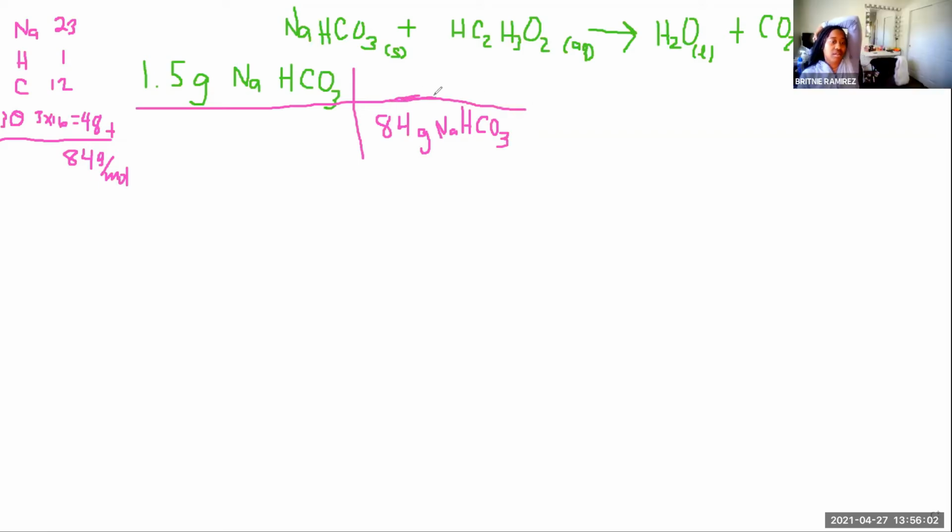So to figure out all of them, are you gonna just do the same kind of thing? Yeah, because when you do this, you write 1 mole NaHCO3 on top over the 84 grams. If you wanted to find the carbon, you'd have to put just the carbon up there, right?